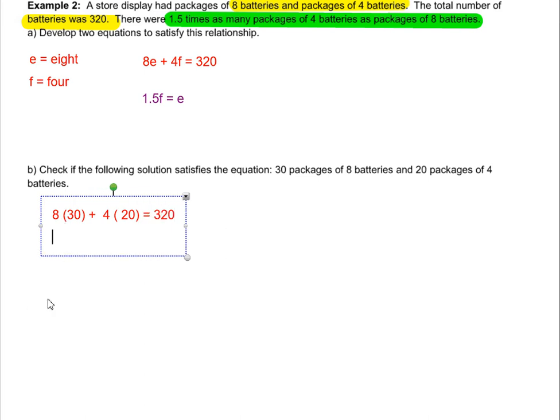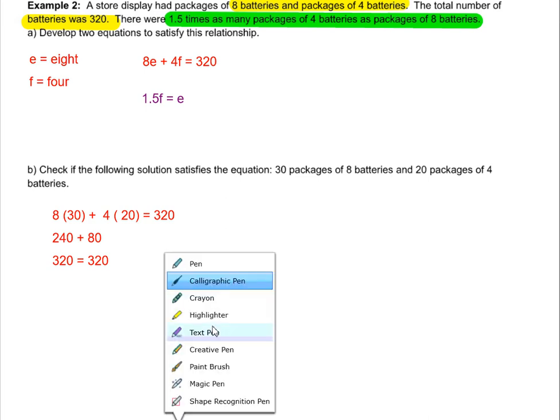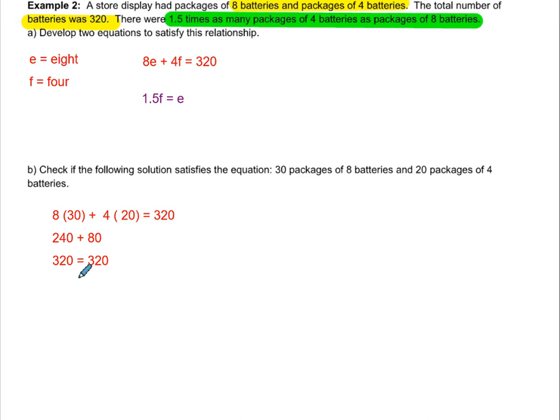So this is going to equal 240 plus 80, and 240 plus 80 is 320. So 320 equals 320. This here is a true statement. Since these are equal, it satisfies that first equation.